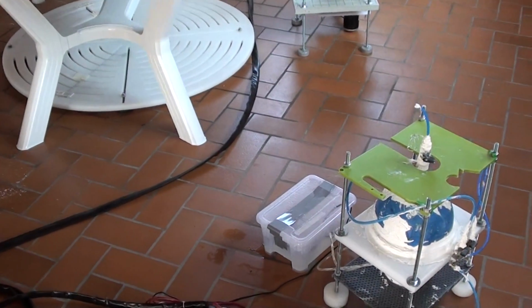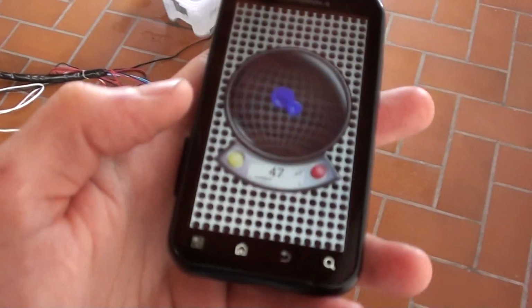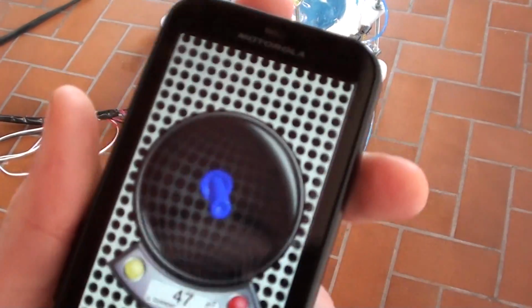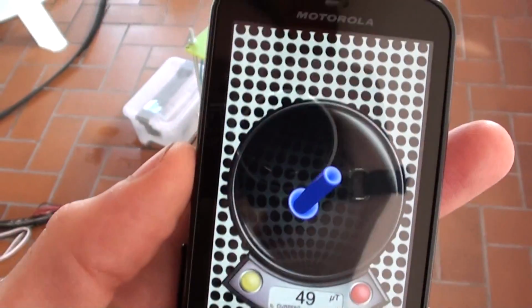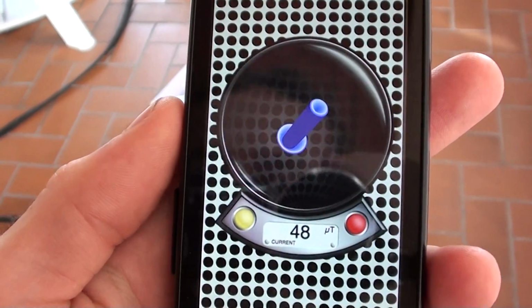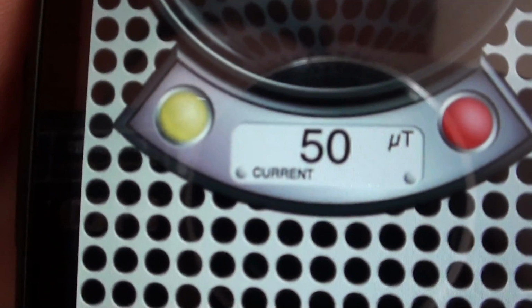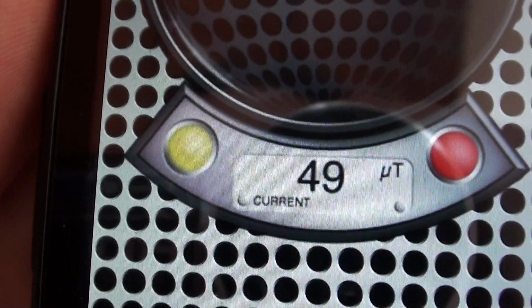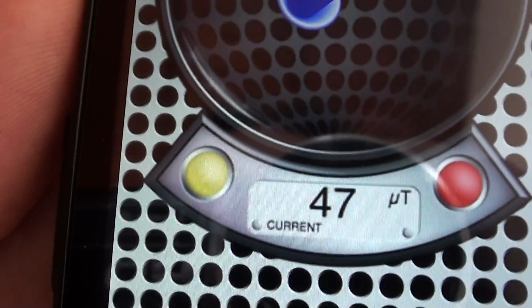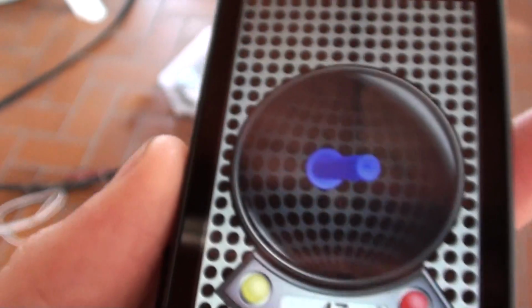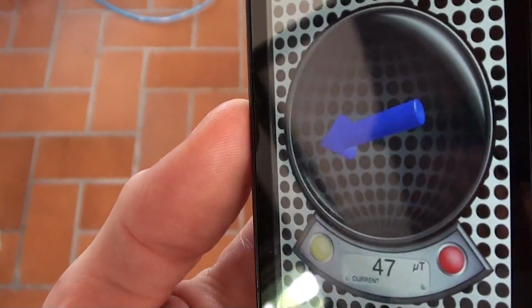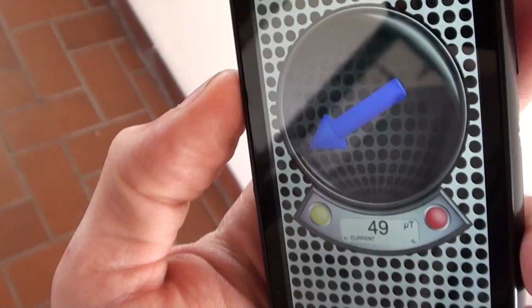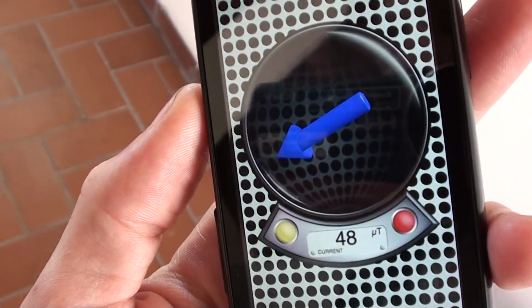To do this, I will use this affordable device, your mobile phone, with 3-axis Hall magnetometer, and this application which shows you the current value of magnitude of magnetic induction B vector, and this blue arrow shows the strength, the magnetic field induction magnitude and direction, as well as a vector.